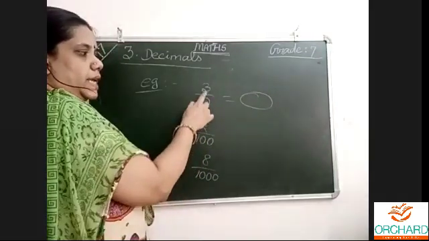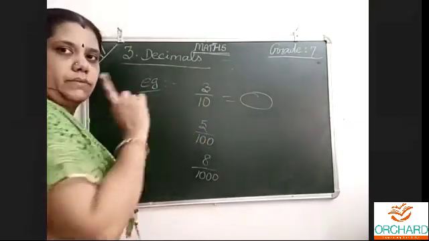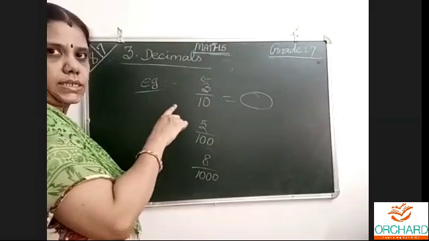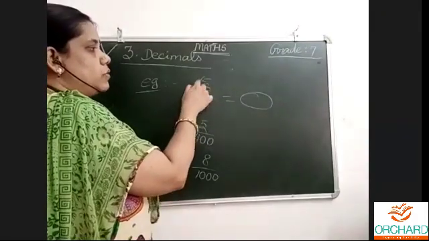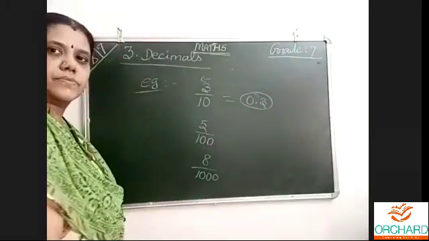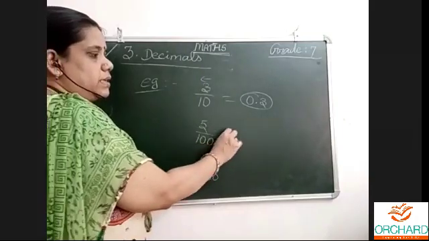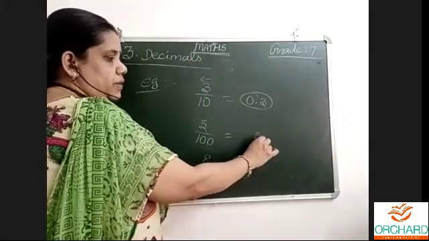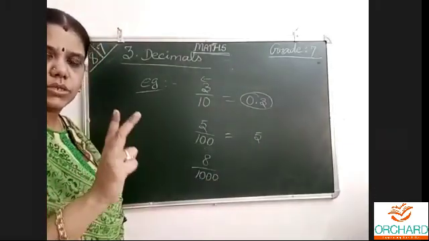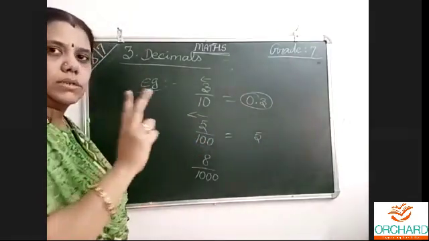For example, 3 by 10. One digit is there, and 10 has one zero. So from the last, we have to move one digit. When I move the point here, it is 0.3. Now 5 by 100. First I write the 5. 100 has 2 zeros, so from the last I must move 2 digits.